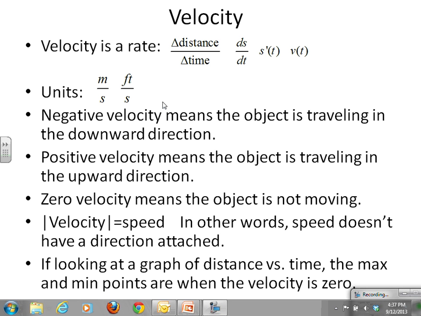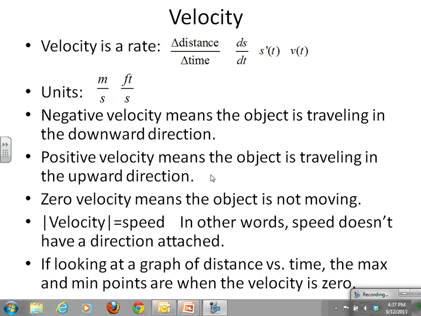If you think of miles per hour on the freeway, typically we talk about 65 miles an hour. We don't say negative 65 miles an hour because it's a speed limit, not a velocity limit. But if you were on, let's say, Highway 5, heading south going down to LA, technically you could say your velocity is negative 65 miles an hour because you're heading south.